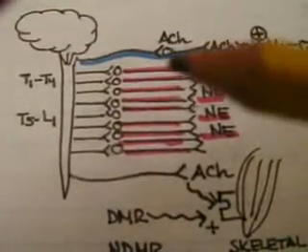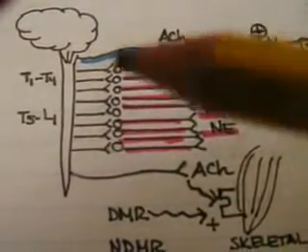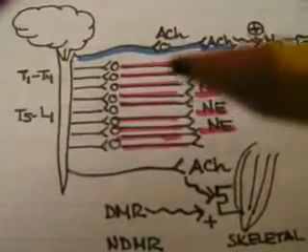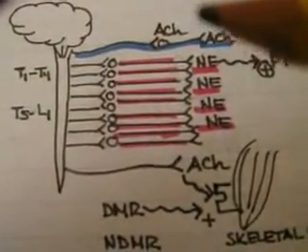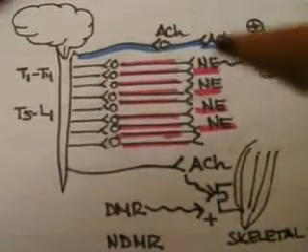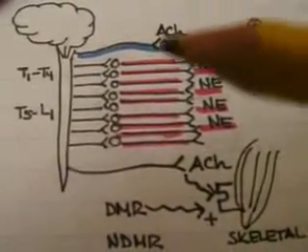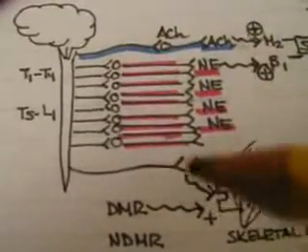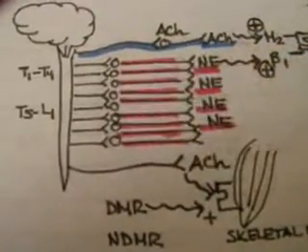And the fibers after the ganglion are considered the postganglionic fibers. And we can say that the postganglionic fibers of the parasympathetic nerves are shorter than the postganglionic fibers of the sympathetic nervous system.